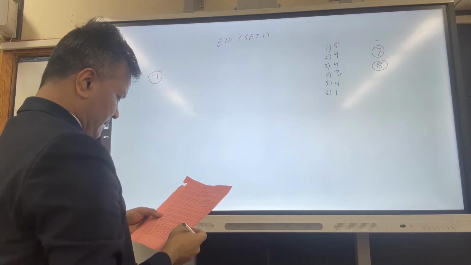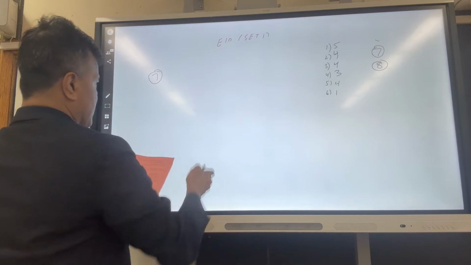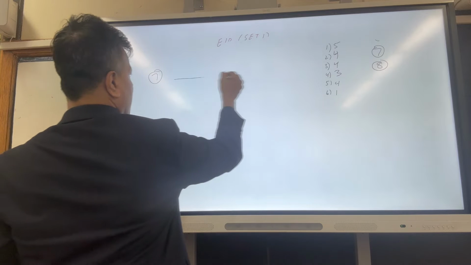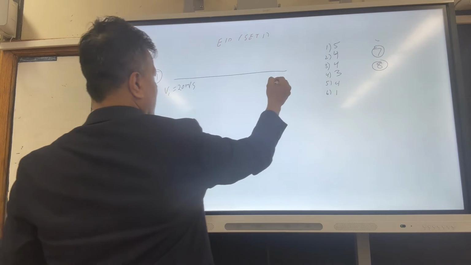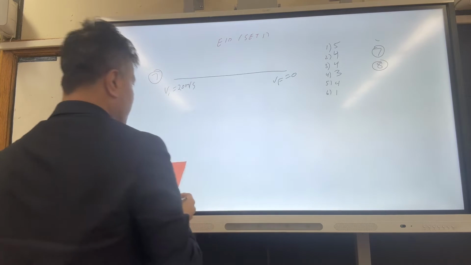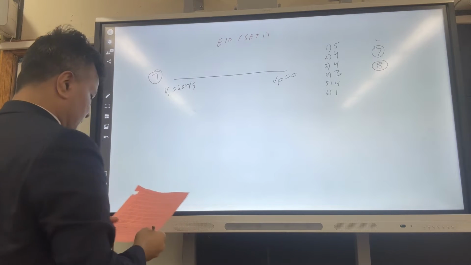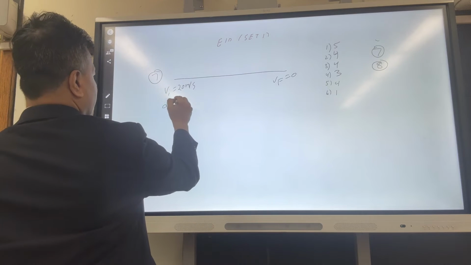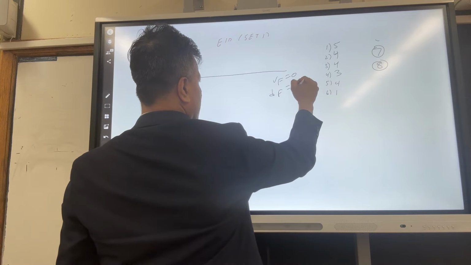All right, the hockey puck's initial velocity is 20 meters per second. Final velocity is 0, because friction makes it stop, and the distance goes from 0 to 120 meters.